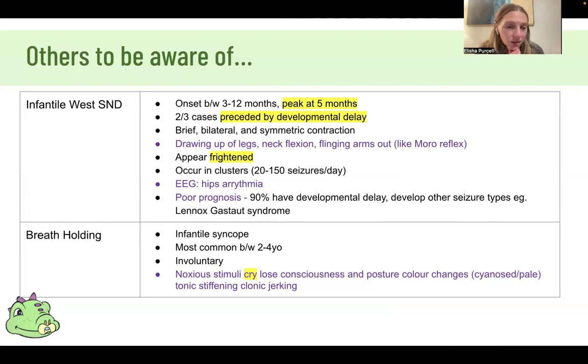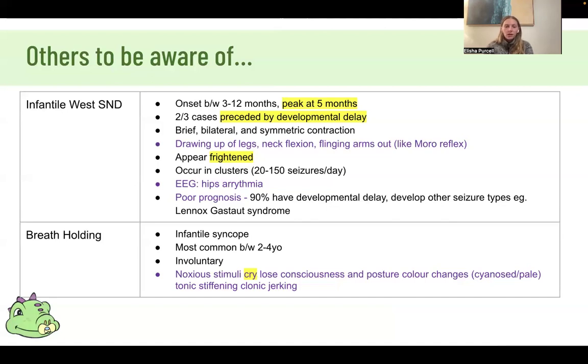Next one, breath holding. This one's a type of infantile syncope, and the most common age group is 2 to 4. It's involuntary, obviously. The buzzwords for this one are a preceding noxious stimulus, and they cry, perhaps crying a lot, and they lose consciousness, and they can go purple with postural color changes, as well as tonic stiffening or tonic-clonic jerking.